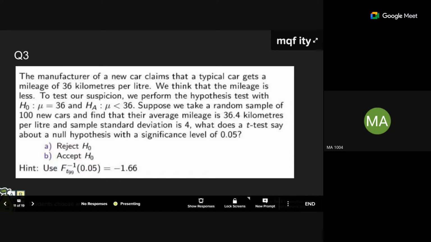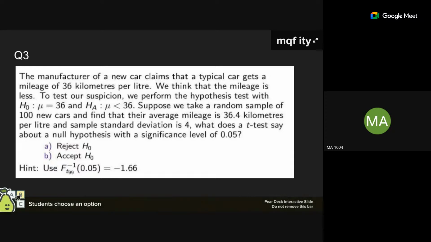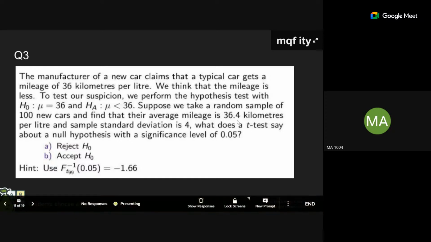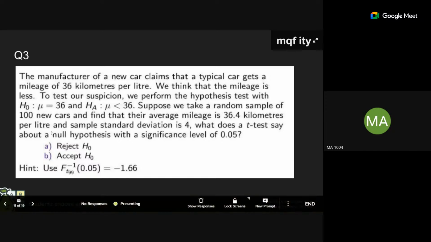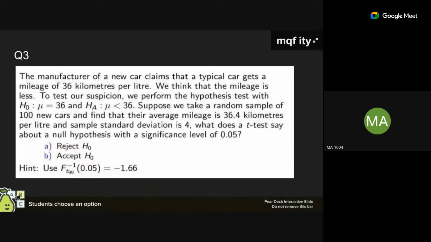Suppose we take a random sample of 100 new cars and find that their average mileage is 36.4 kilometers per liter, and the sample standard deviation is 4. What does the t-test say about the null hypothesis with a significance level of 0.05?